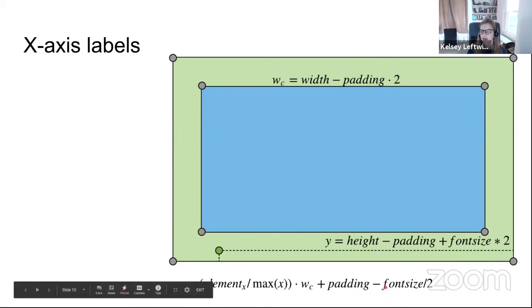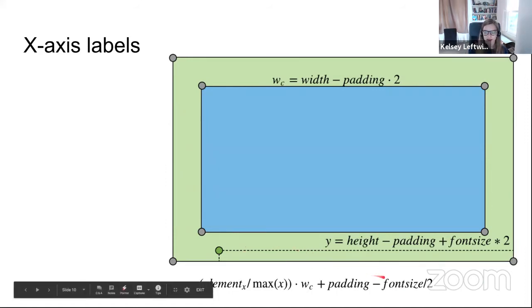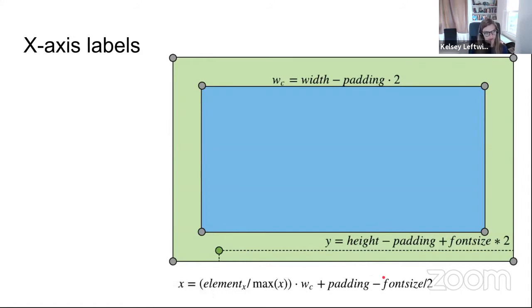And then in my case, I'm also positioning it back half of the value of my font size, because I happen to know in this case, and this is kind of a limited case, so this is a caveat when you're setting these up, that my data labels are all 1 or 2 characters because they represent the days of the week.